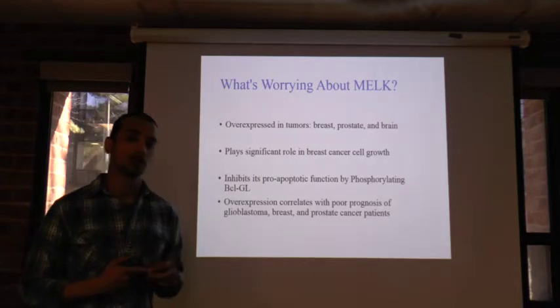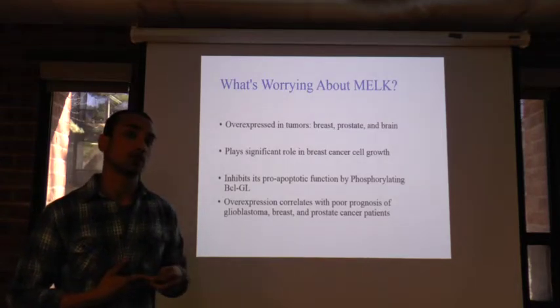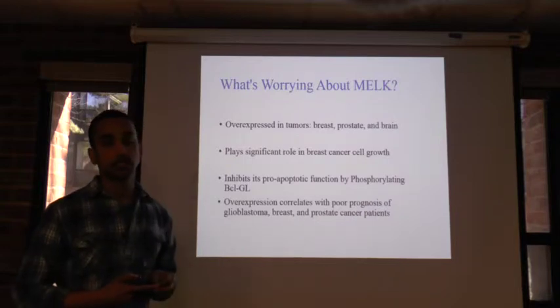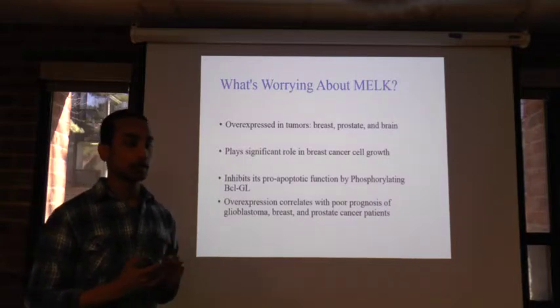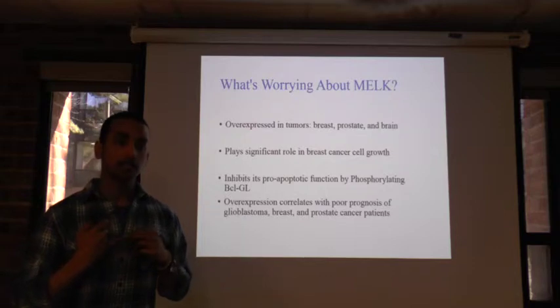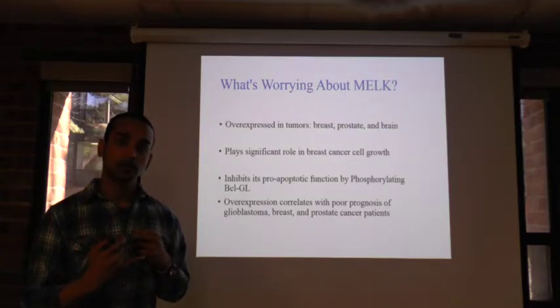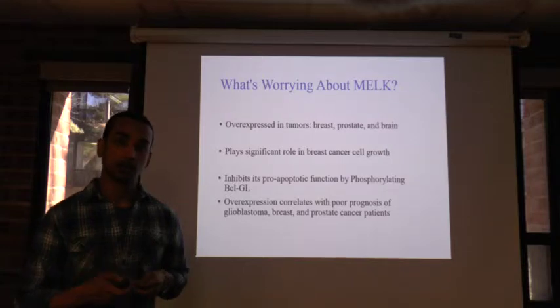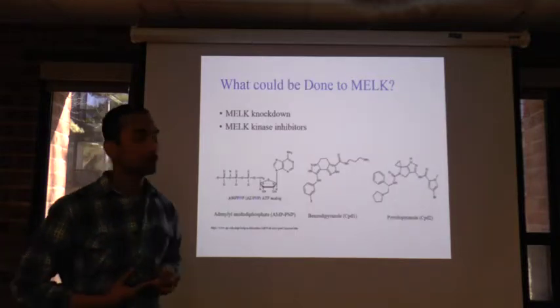Also, overexpression of MELK correlates with poor prognosis of patients with glioblastoma, breast, and prostate cancer. What that means is when MELK is overexpressed, the symptoms in patients with these cancers are hard to track.